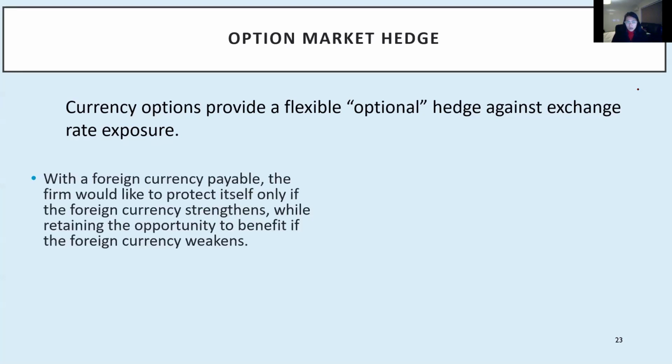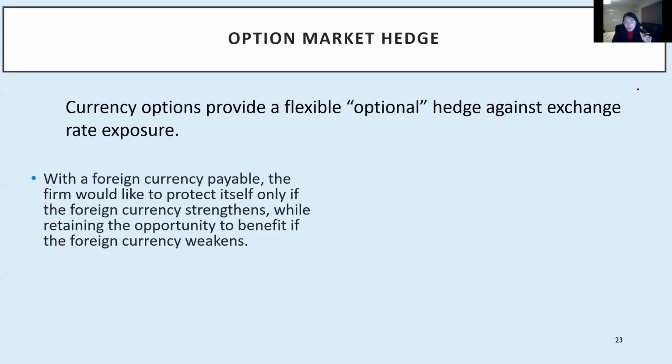So with an account payable, the firm would like to protect itself only if the foreign currency strengthens, right? So if you need to pay the foreign currency in the future, you don't want it to be expensive, okay? So in this case, you want to be protected against a future appreciation of the foreign currency.